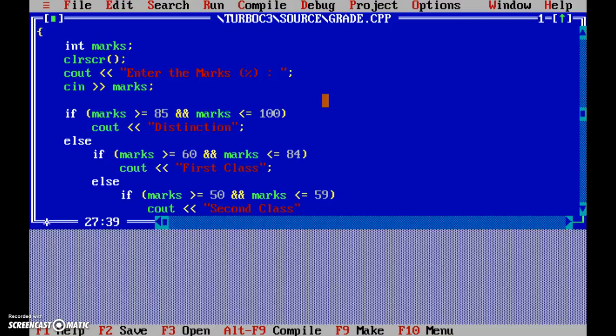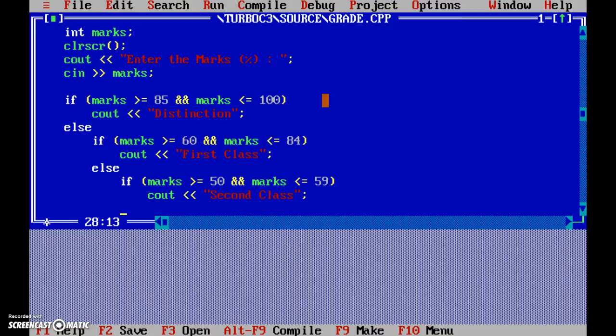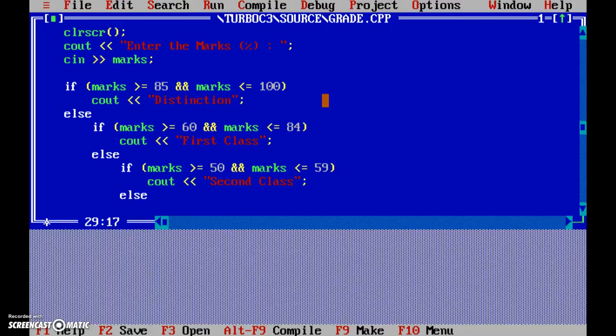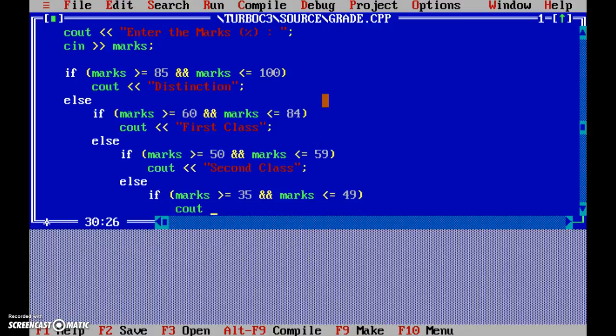So second class, and else again a condition if marks is greater than or equal to 35 and marks is less than or equal to 49, then cout is second class pass.